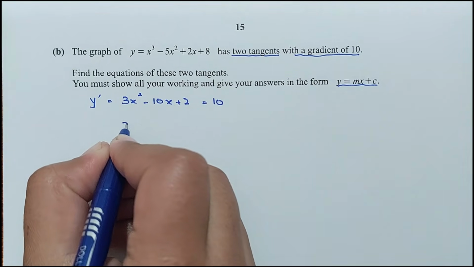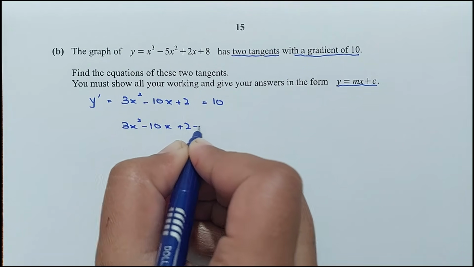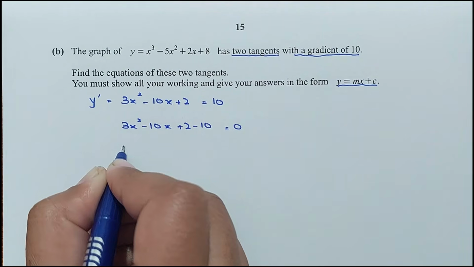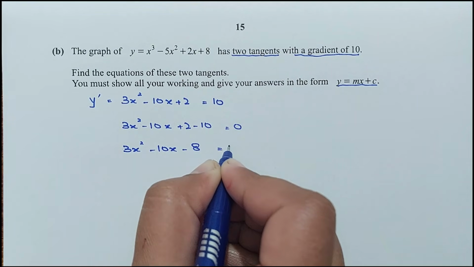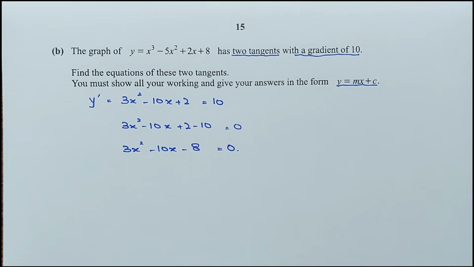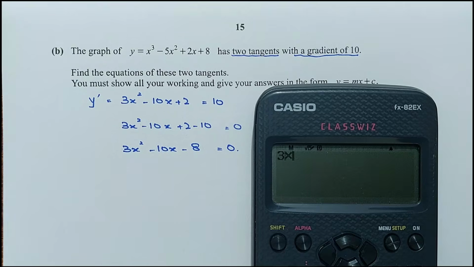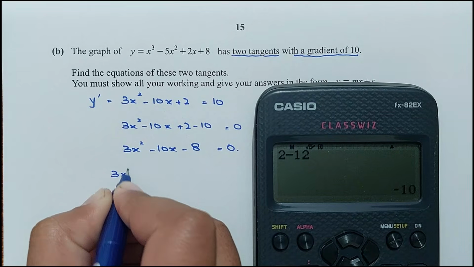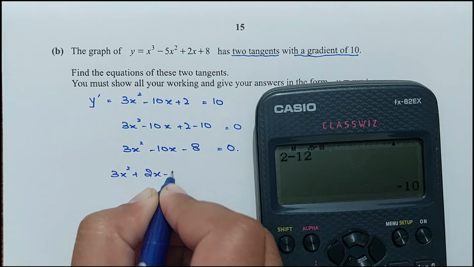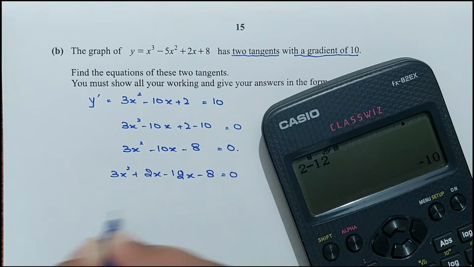Okay, so let me simplify. This is 3x square minus 10x plus 2 minus 10 equals 0. So 3x square minus 10x minus 8 equals 0, right? Now let me factorize this. 3 times 8 is 24, 2 times 12 is 24, 2 minus 12 makes negative 10. 3x square plus 2x minus 12x minus 8 equals 0.